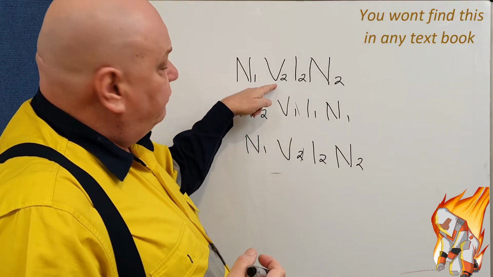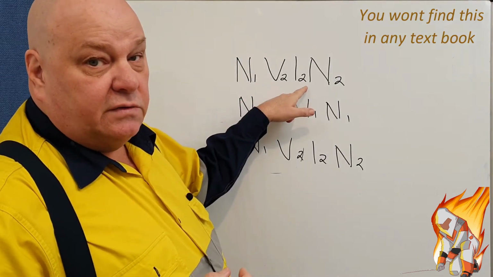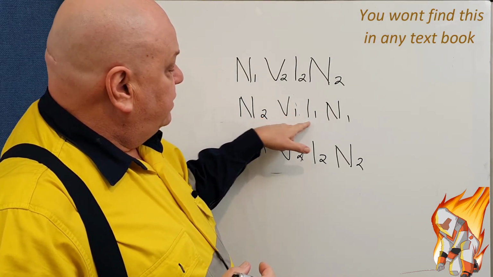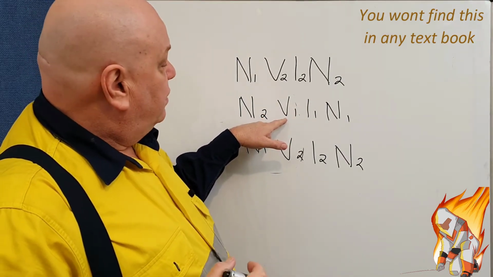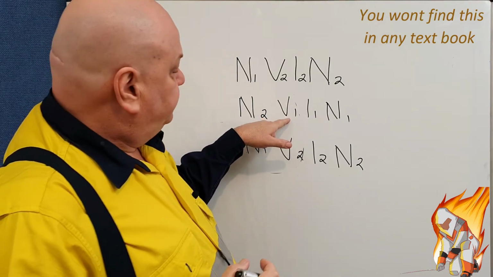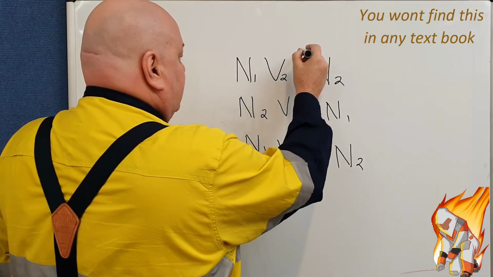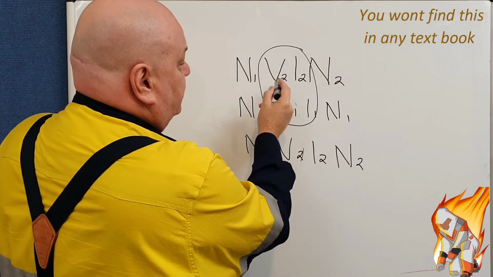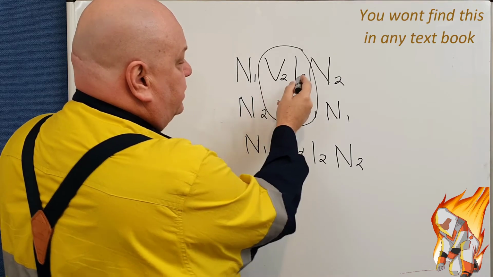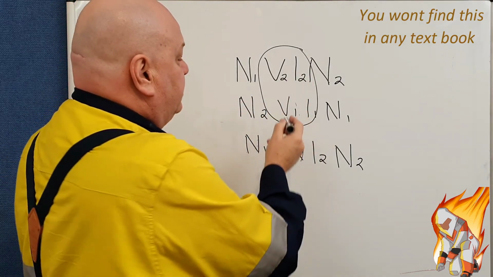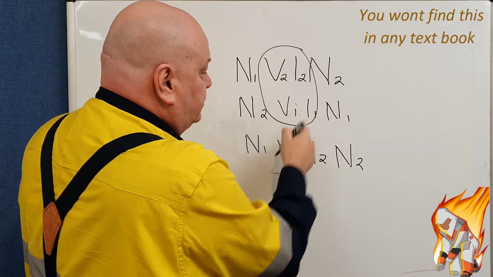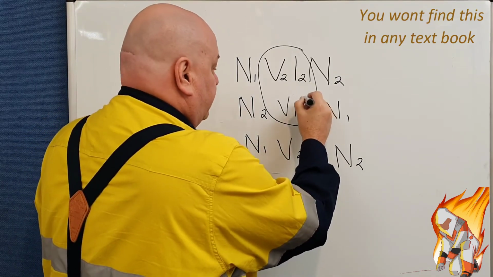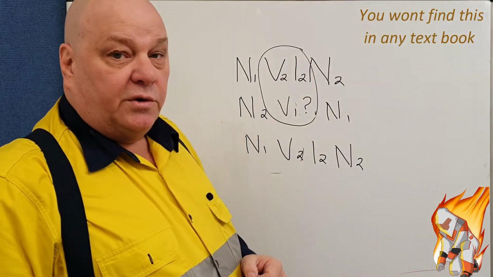Up here we've got voltage of the secondary and current of the secondary, and we want to know the current. Here we've got the voltage of the primary. So there's our formula. It's voltage on the secondary multiplied by the current on the secondary divided by the voltage on the primary, which will give you your current on the primary.